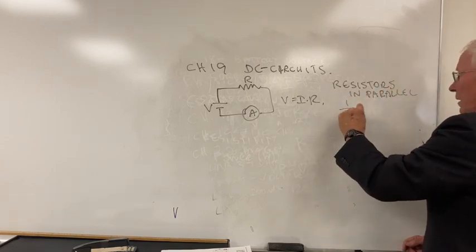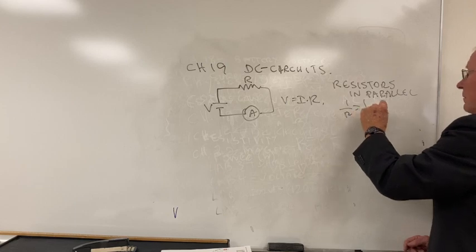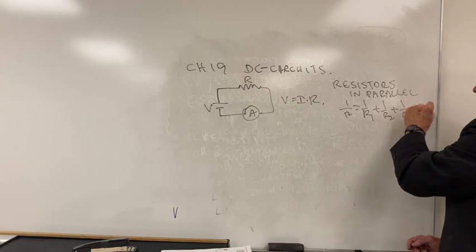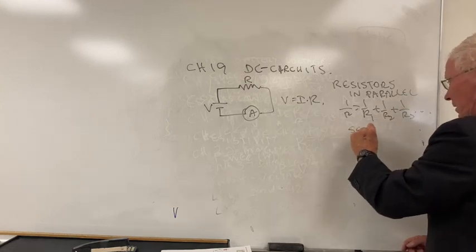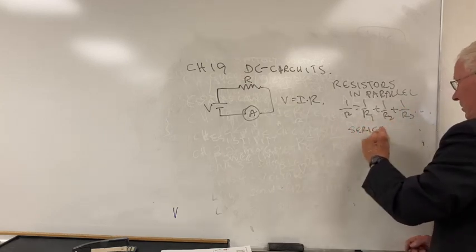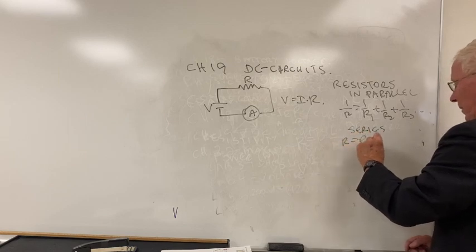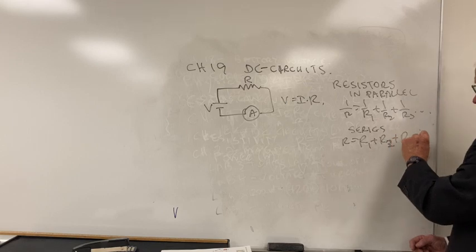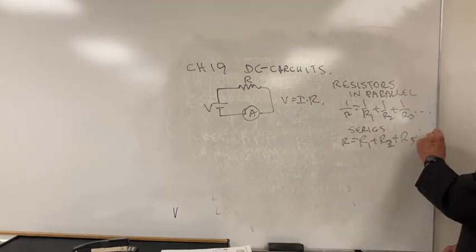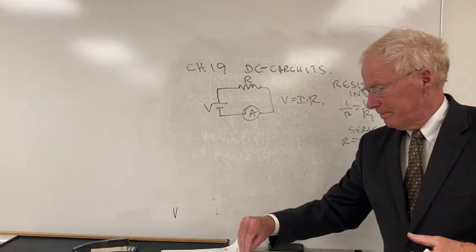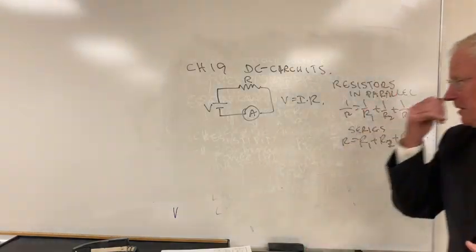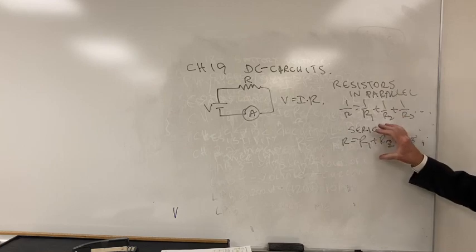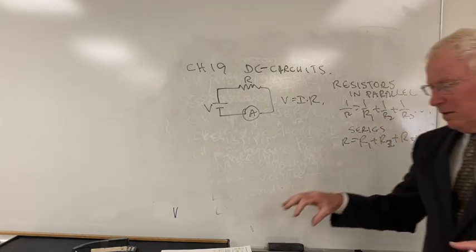Where 1 over R is 1 over R1, plus 1 over R2, plus 1 over R3, and so on. And in series, the resistors add together, as I've talked about already in chapter 19, and so on. All right? So that's if we have a circuit that's all the resistors in parallel, and this is a circuit where they're all in series.